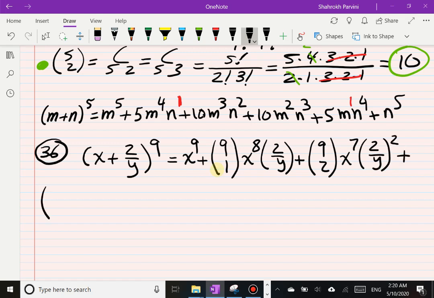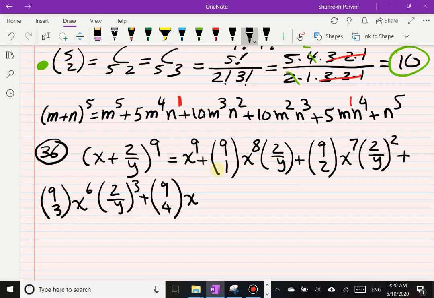Next, 9 choose 3, x to the 6, 2 over y cubed. Next, it's going to go 9 choose 4, x to the fifth. See, I'm just looking at the pattern that's going on here.